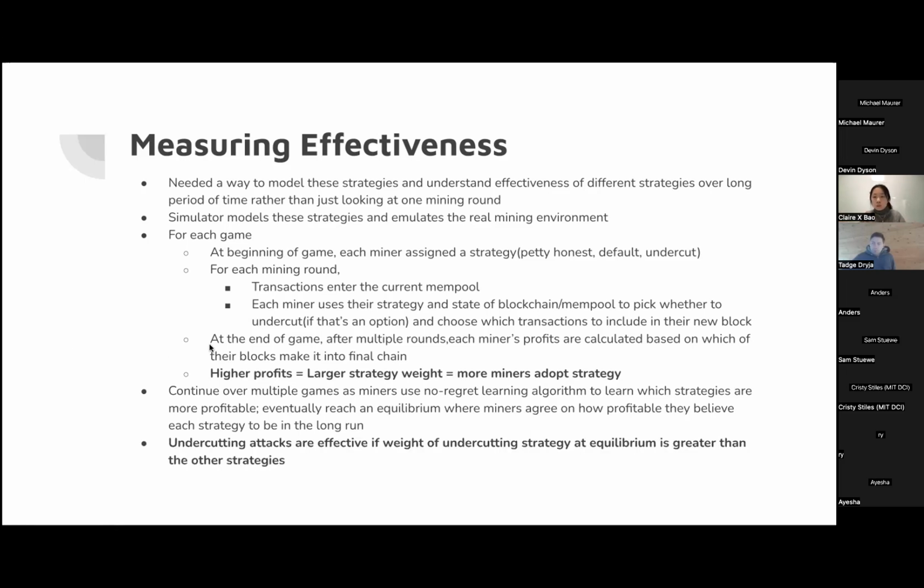When we say undercutting attacks are effective, the way this translates to the simulator is we consider undercutting attacks to be effective if the weight of the undercutting strategy at equilibrium is greater than the strategy weight of the other strategies. In other words, all the miners agreed that the undercutting strategy would yield a higher profit.